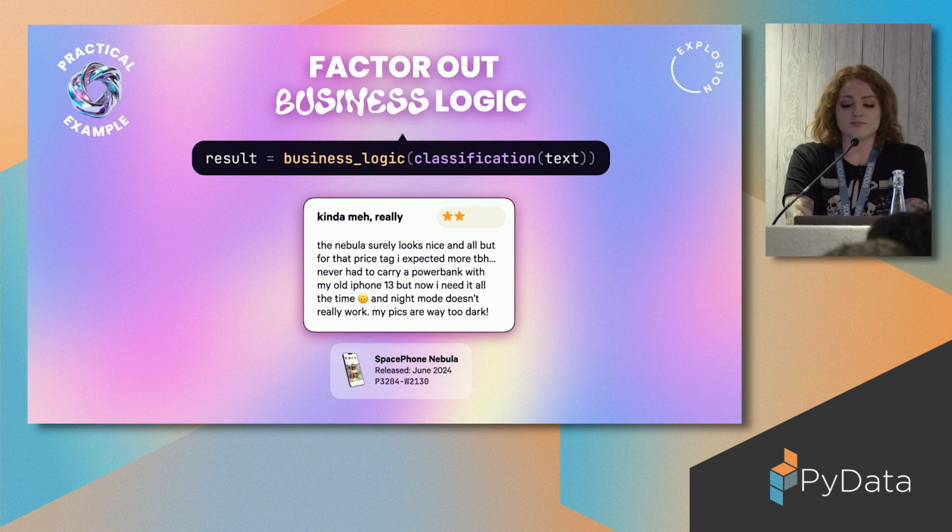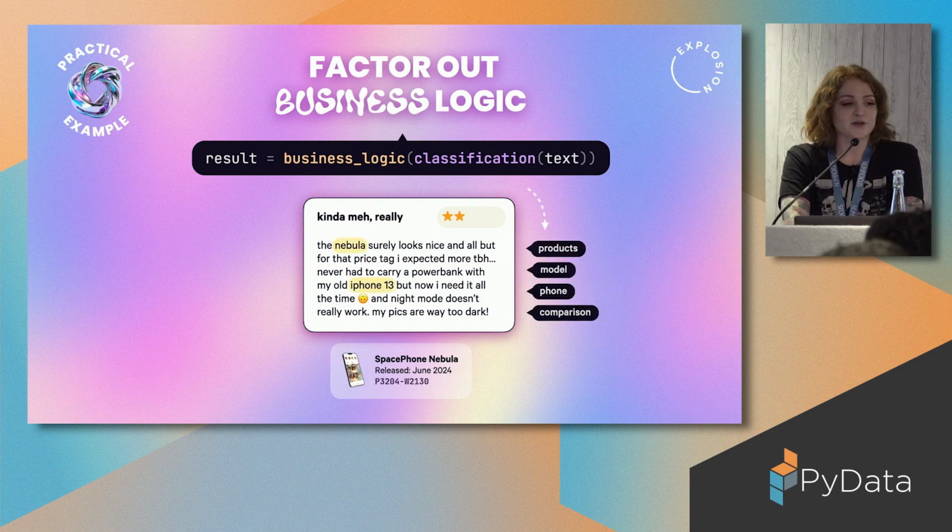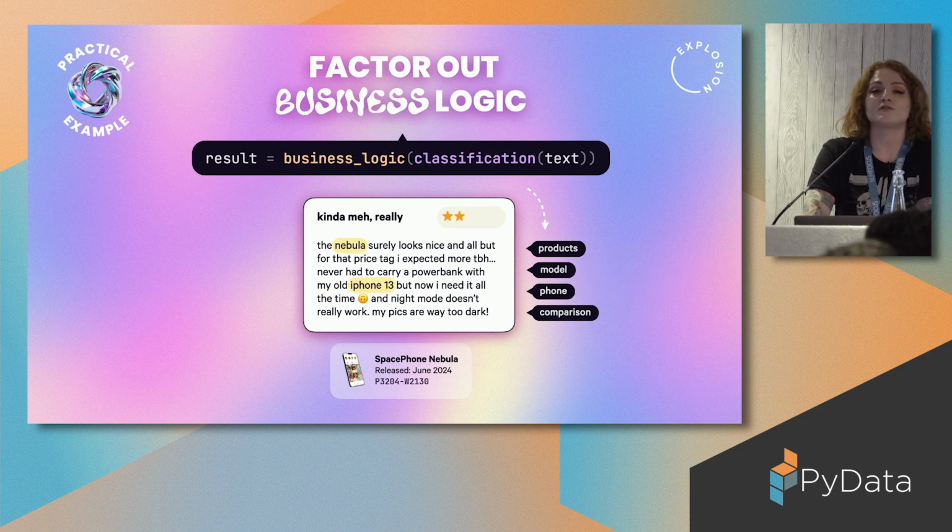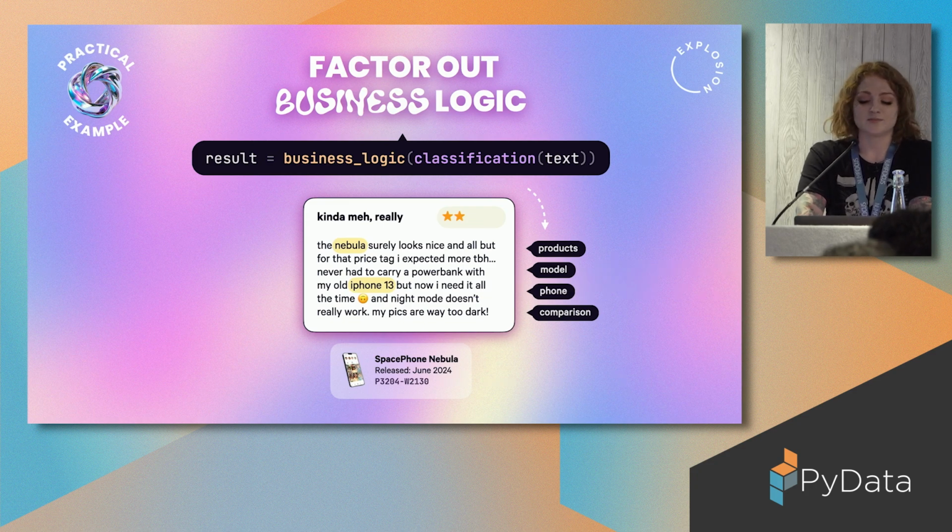So in our example here of the reviews, the classification is basically stuff like what products are mentioned, the model of the phone, that it's a phone in the first place, that there's a comparison in it. That's all stuff you predict with machine learning, and that's really a generalizable classification that can really work on the context.